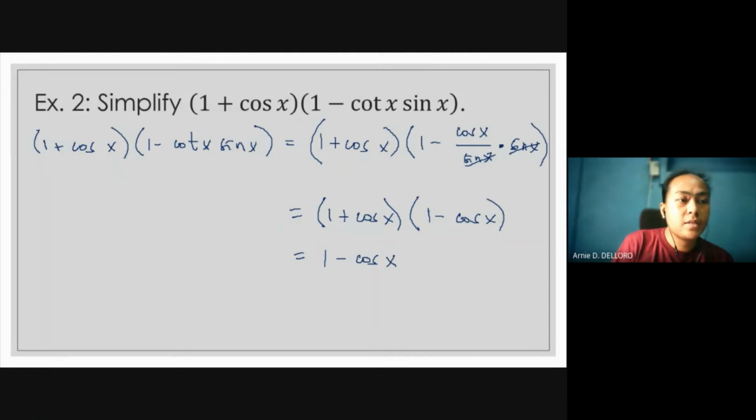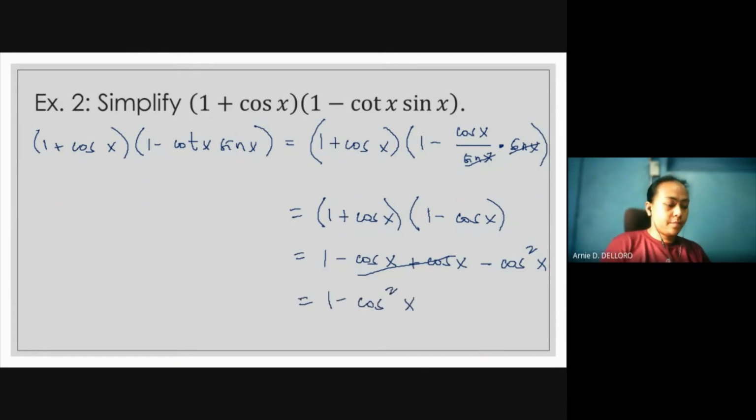Cosine x times positive 1 is positive cosine x. Then cosine x times negative cosine x is negative cosine squared x. Etong negative cosine x at positive cosine x, makakancel. Matitira ay 1 minus cosine squared x.